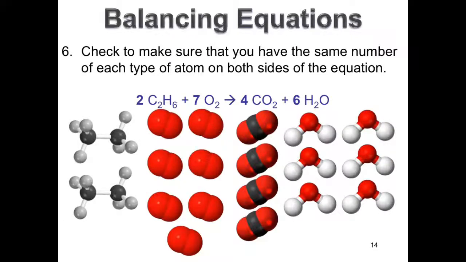To see this visually, here's some pictures. The ethane molecules, the oxygen molecules, carbon dioxide, and water. And you could simply count or cross off to verify that the counts come out correctly.